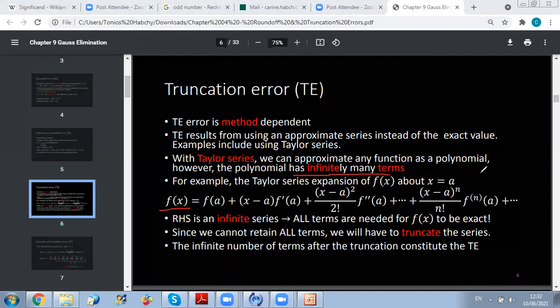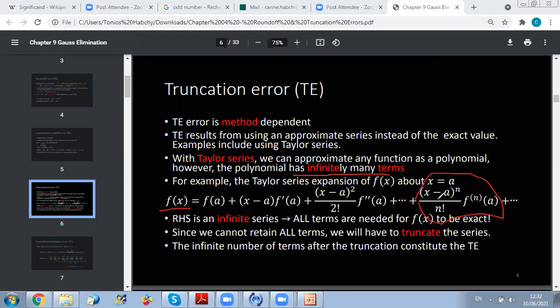Okay? So for example here, the general expression of Taylor series expansion of a certain function of x about x equal a is given by f of x is equal to f of a plus x minus a times the first derivative of the function at a plus x minus a squared over 2 factorial times the second derivative of a. And the general term for any term is the following.